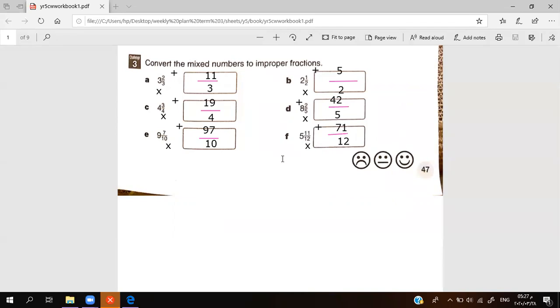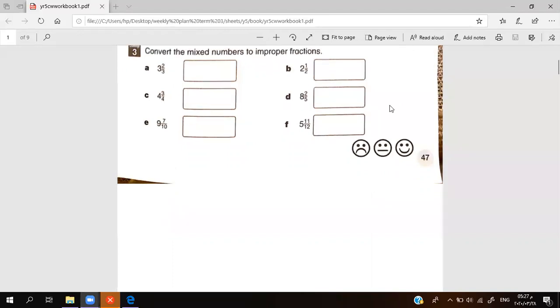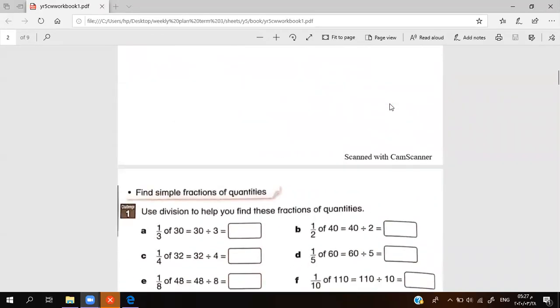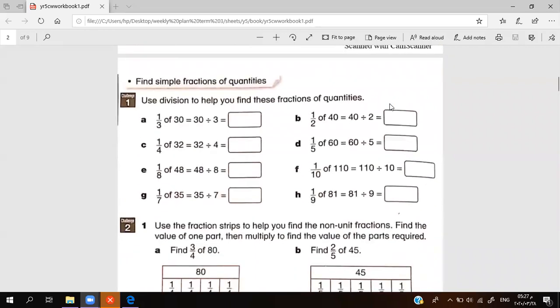Now this was supposedly the last thing. Let's go to page number 48. In 48 we will talk about fraction of a quantity.